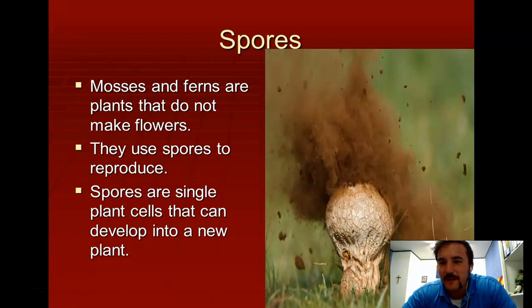And here's the picture of that actually happening. This is a spore sac that is exploding, and literally the spores just go all over the place. It looks kind of gross. It looks kind of icky. I'm not a big fan of spores, but that is how certain plants reproduce, which means make new plants of themselves.